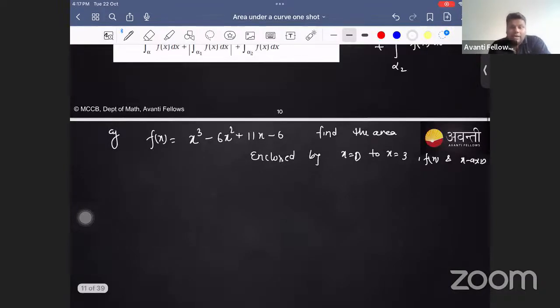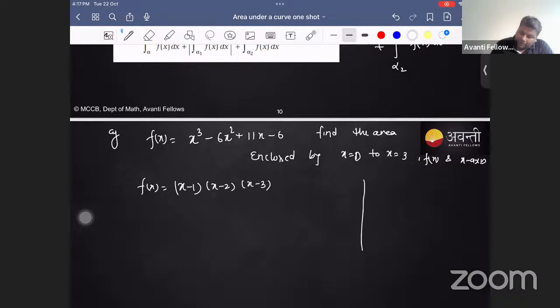All right. Now, if you see this curve is something like x minus 1, x minus 2, x minus 3. If I draw the graph of this, it will be like this.